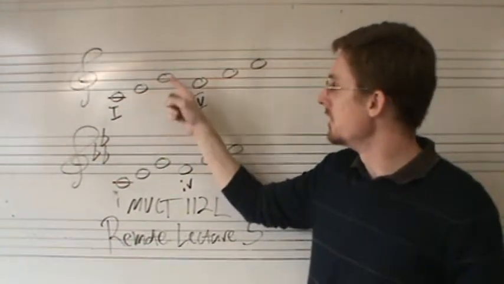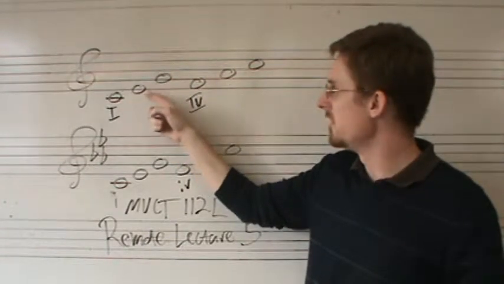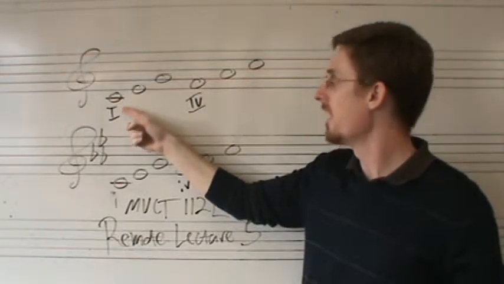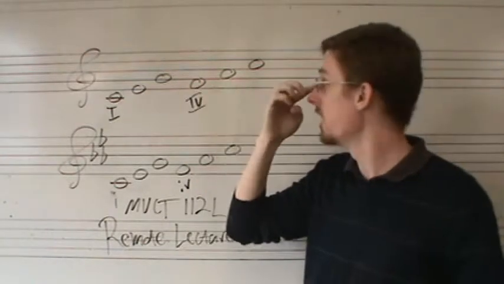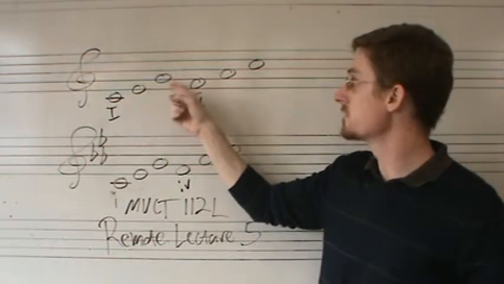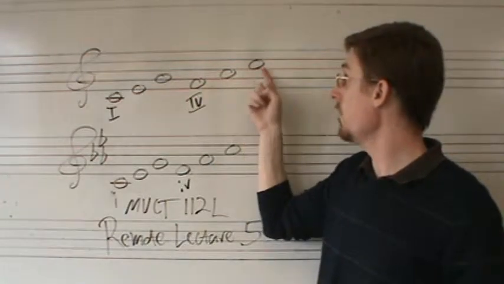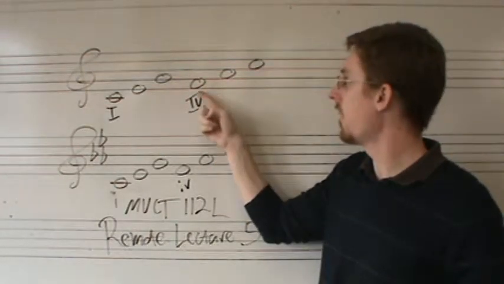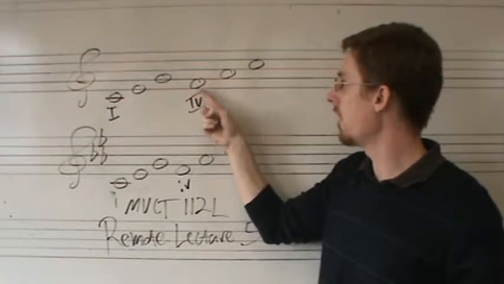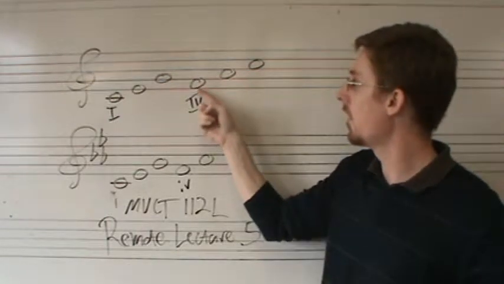Do, mi, sol, mi, do, mi, sol, mi, do. Now we'll include the four chord. Do, mi, sol. Now to fa, la, do. Again. Fa, la, do, la, fa, la, do, la, fa.